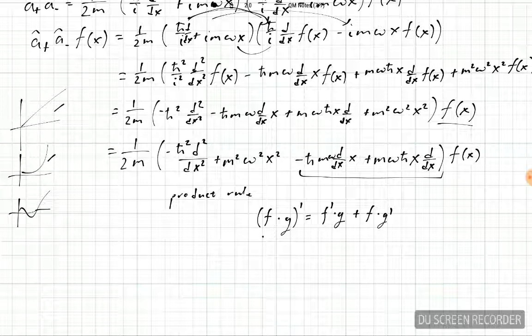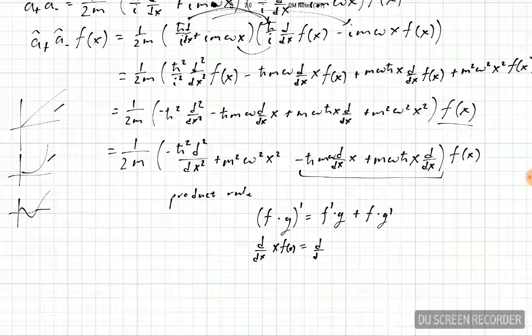So that means that if I do d dx of x times f, then what I get is the derivative of x. We'll call it f of x because I called it f of x before.